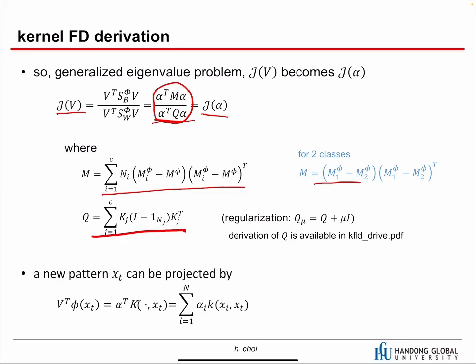For two classes, this one is quite the same as linear discriminant analysis, except for this phi. Likewise here, except for this phi, it is quite the same as before. The Q looks a little different, but it's a little complicated, so you can check the derivation of Q in this file. And then a new pattern x sub t can be projected by this. It's basically the same as kernel PCA.